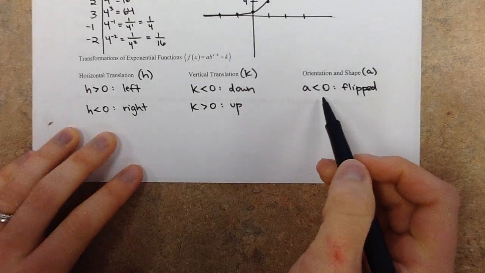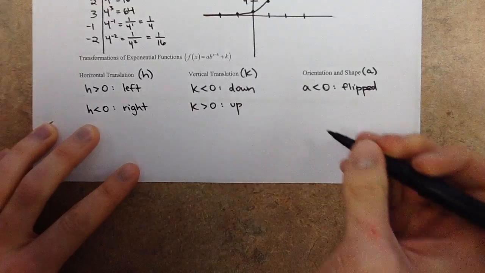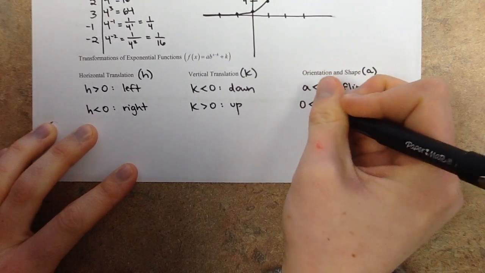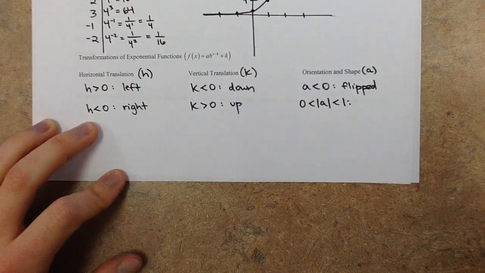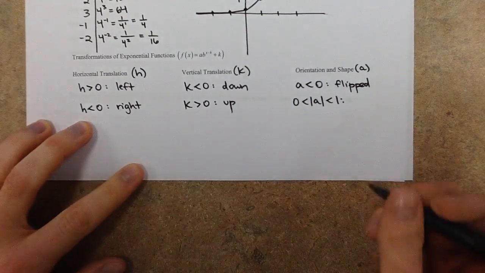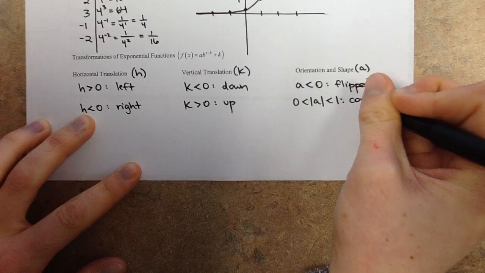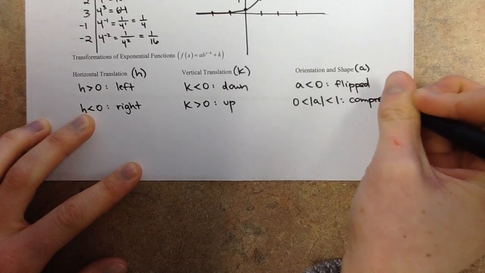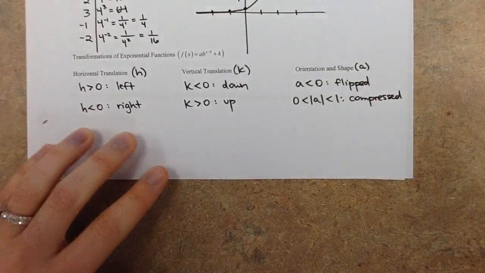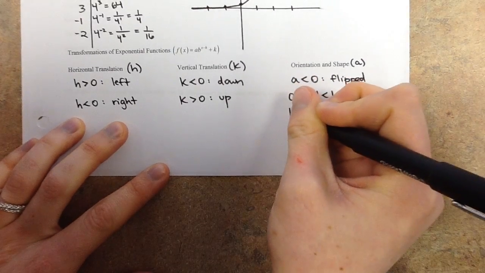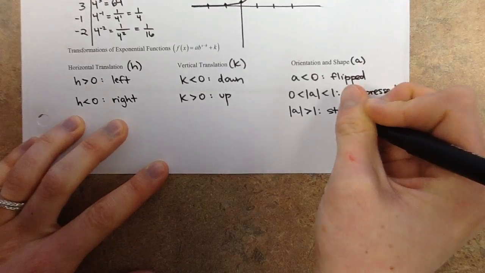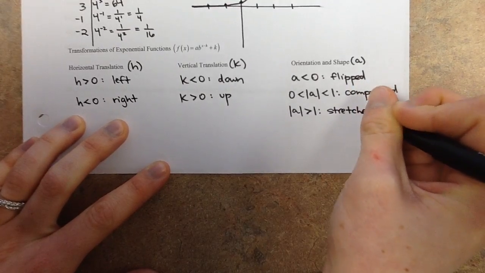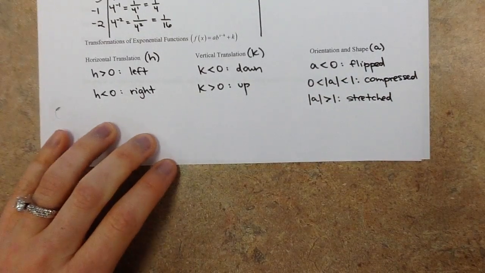If a is somewhere between 0 and 1, then the graph is going to get compressed. Which, remember, makes it like shorter and fatter than the original graph. And if a is something bigger than 1, as always, it is going to get stretched, which makes it like taller and thinner than the original one.